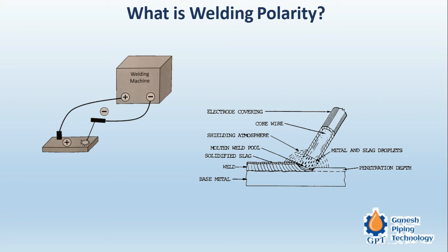Now what happens during the joining of the metal, that is the welding process, you have to connect the holder, and this is the earthing. The earthing should be connected to the negative pole, and the holder should be connected to the positive pole of the machine. In this case you will get a welding, that is the joining effect.